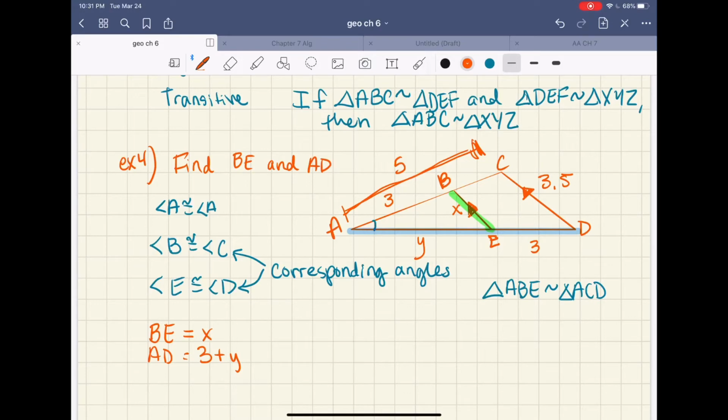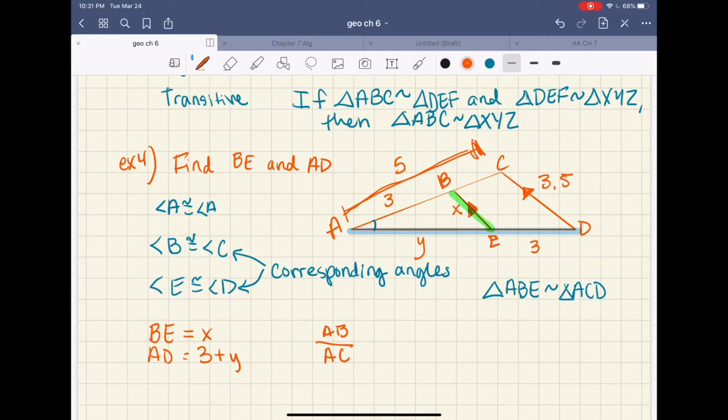Let's talk about some of the relationships that we know, since these are going to be similar. We know that AB and AC, the ratio, is going to be representative of the proportions of the triangle.